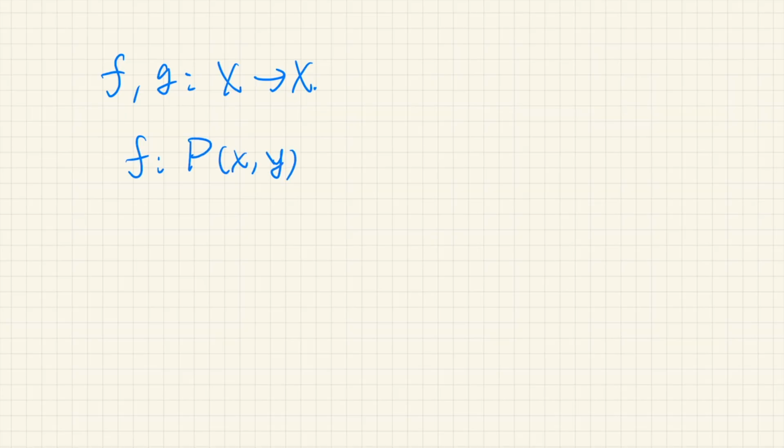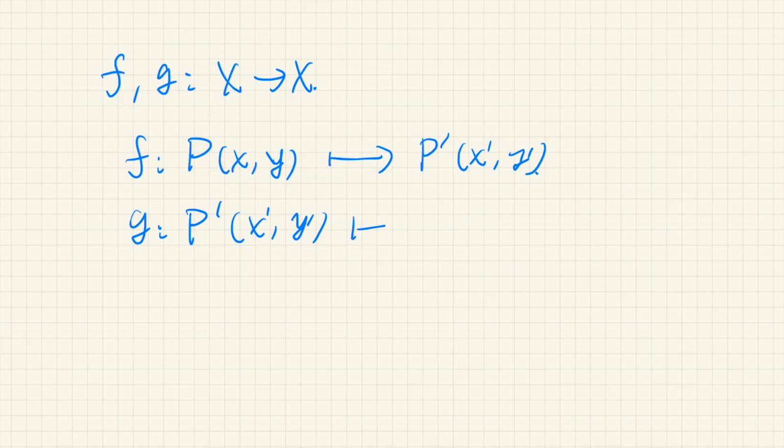Next, let's consider two linear transformations on the plane. Okay. So suppose F transforms point P (x, y) to P prime (x prime, y prime), and that linear transformation G transforms P prime to P double prime.